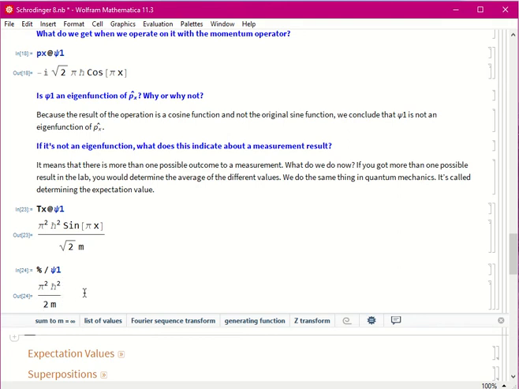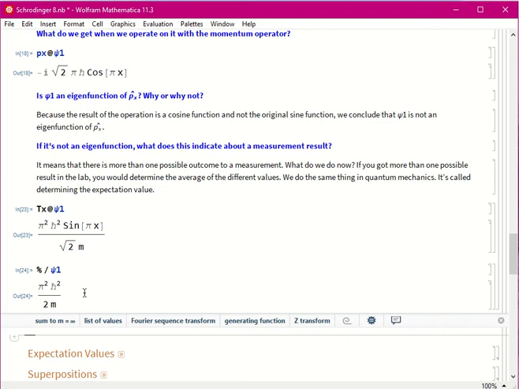All right. So here we have a function that is not an eigenfunction of the momentum operator, meaning there's more than one possible outcome, but is an eigenfunction of the kinetic energy operator. Well, you might ask how that can be. We'll get a little bit more of a clue of this when we do our next exercise, but remember, momentum is a vector quantity. And so momentum can be in a plus or minus direction. It can have a plus or minus value because it's a vector.